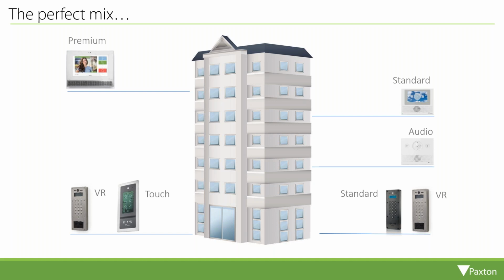Similarly, in other applications, the premium monitor sits nicely on reception, standard monitors throughout, but in your warehouse or goods in, an audio monitor can be added. And you can mix and match any of the monitors there.